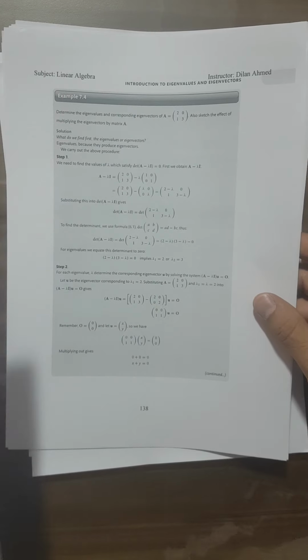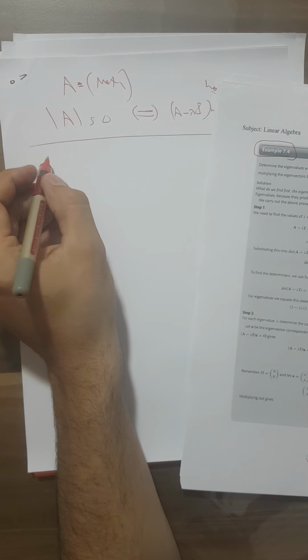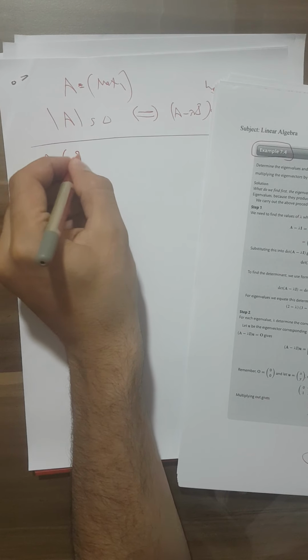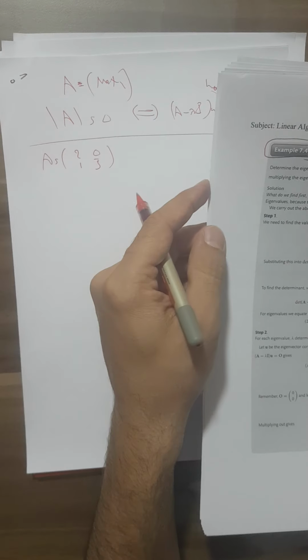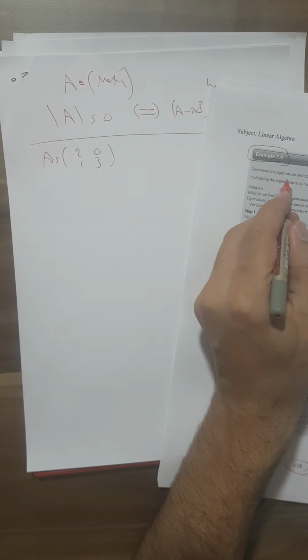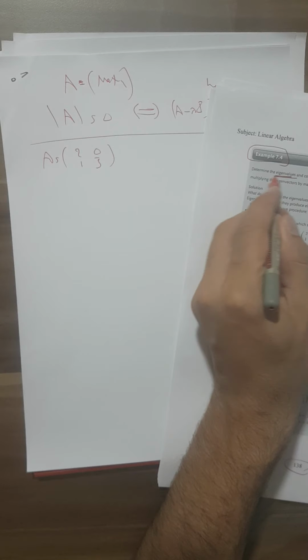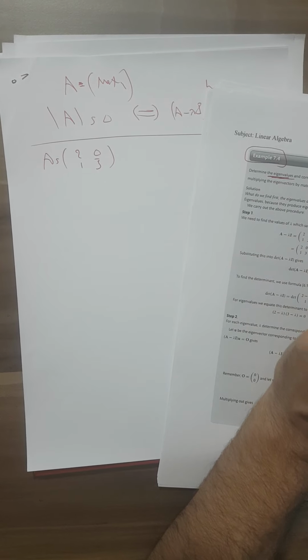Instead of these old theoretical things, directly we are going to use Example 4 in your section, which is on page 138. I'm going to solve this one for you. A is equal to, it's easy, [2, 0; 1, 3]. And it says: find the eigenvalues and eigenvectors.